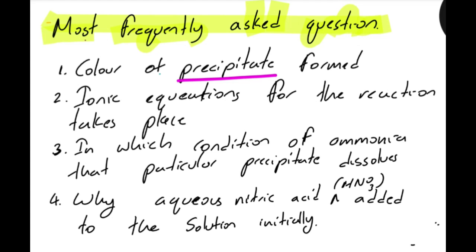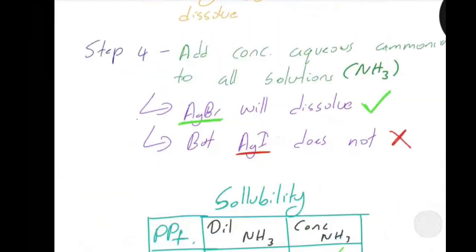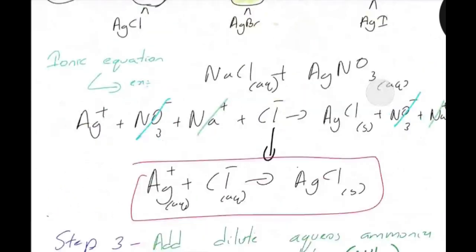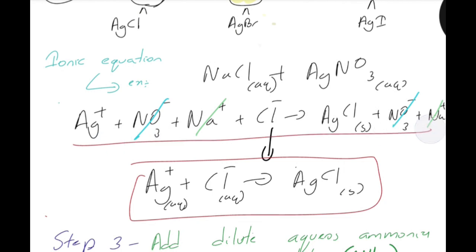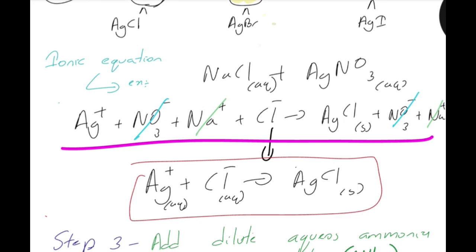The second question is the ionic equation for the reaction that takes place. I've given you one ionic equation here, so you can refer to this ionic equation as well. Some examples are given in the textbook as well. You should do more ionic equations yourself before you go for the exam, for practice.